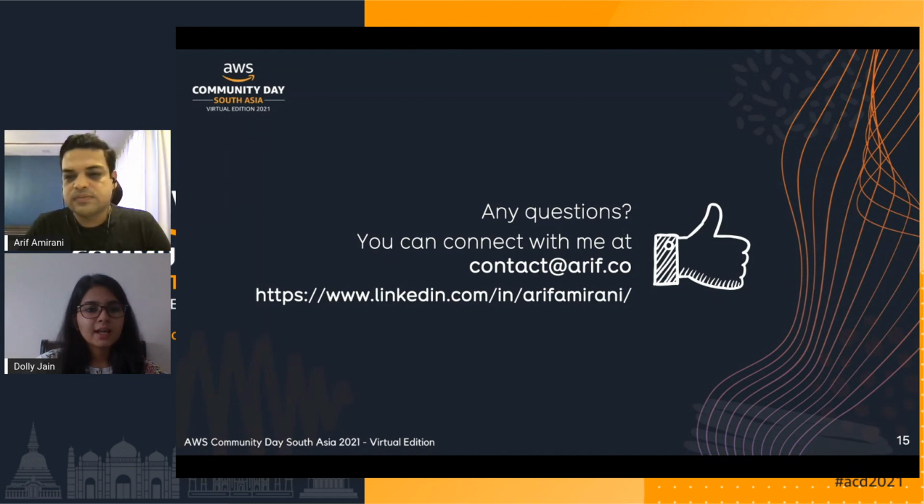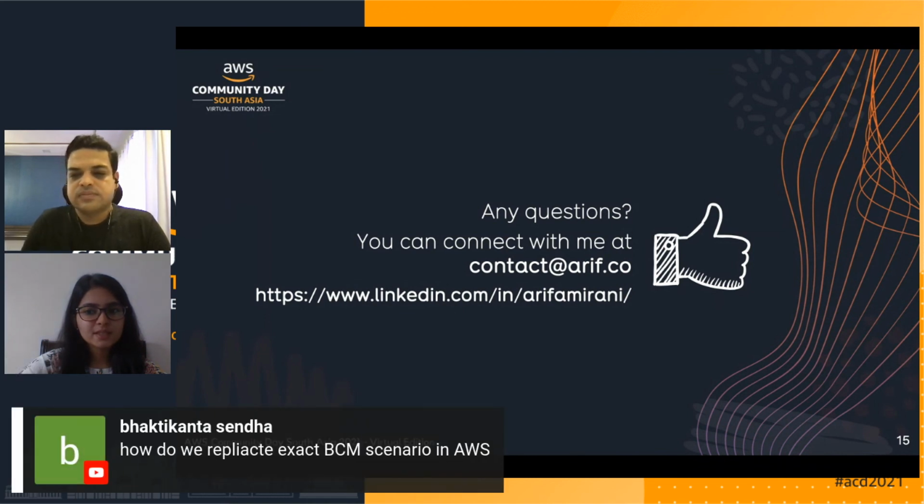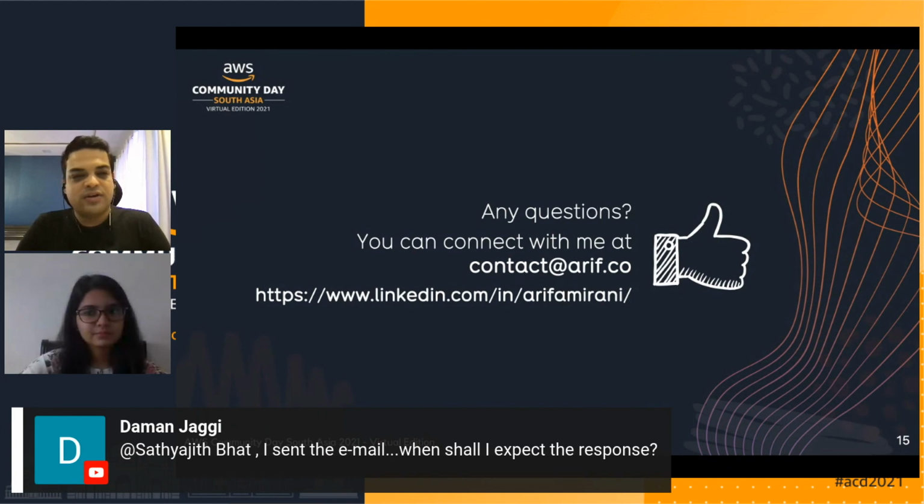Okay. And moving to the previous question that was asked, how do we replicate exact BCM scenario in AWS? By BCM, he means business continuity management. Suppose I have a DB. If the primary DB crashes, how do I fail over to BCP or even the overall application? Business continuity is a whole topic on its own.